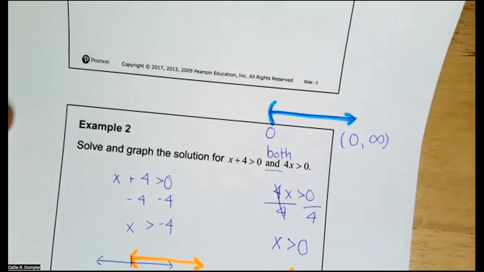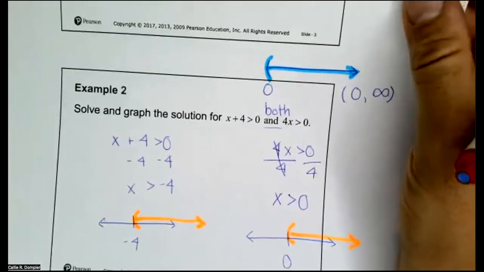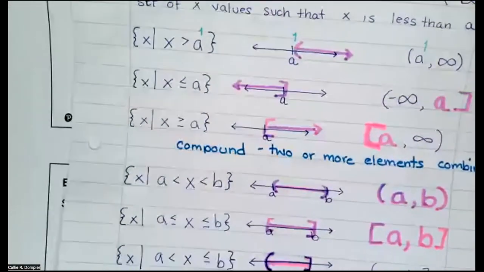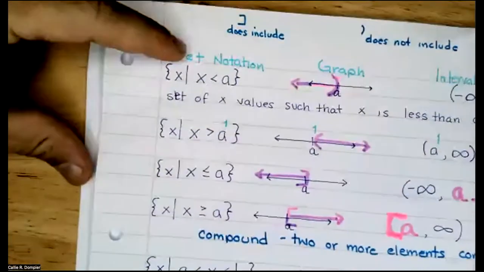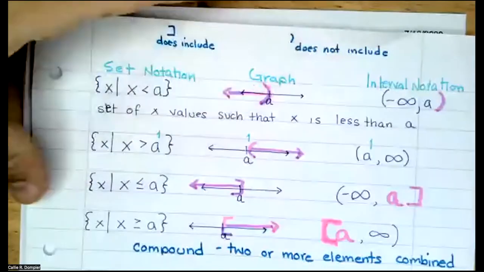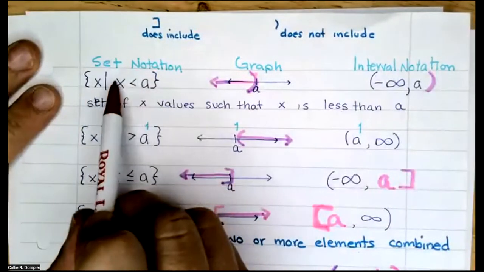Oh, good job. How do I know when to use a parentheses and when to use a bracket? Very good question. All right. So, oh, I have it right here. Okay. This one's called set notation. This one's called interval notation. Okay. Set notation is just when you're making a list.